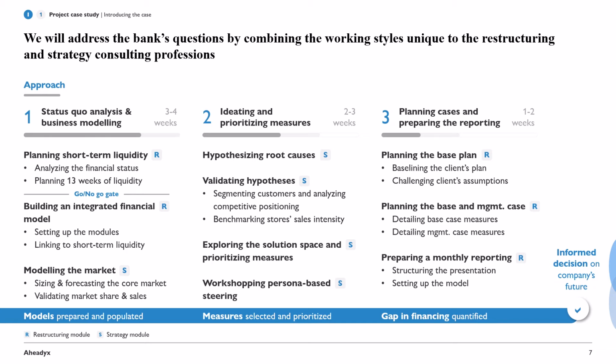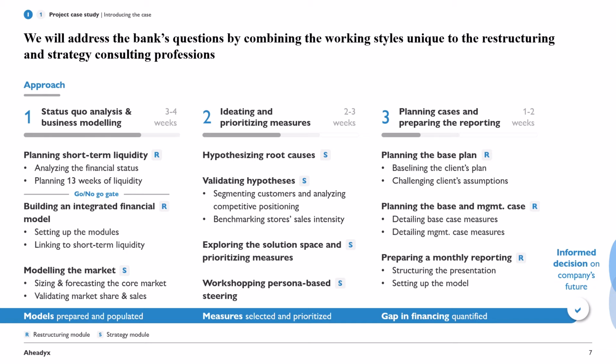And as you can see on the lower right-hand corner, gap in financing quantified, that's the result of phase 3. So that's actually answering question 2 from the previous slide. And getting back to question 3, should a bank help this business go into the future? Well, that's kind of also answered in the whole thing, because we need to take into consideration the market perspective, for example, which you find in work package 3 in phase 1, but also all the measures which are around in phase 2 especially, but also in phase 3 where we will quantify these.